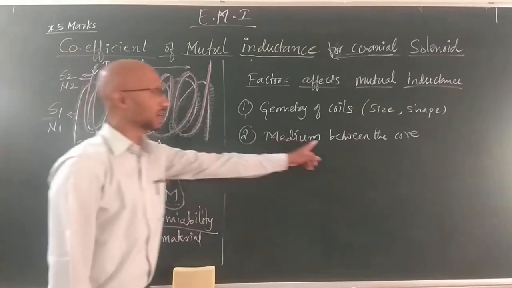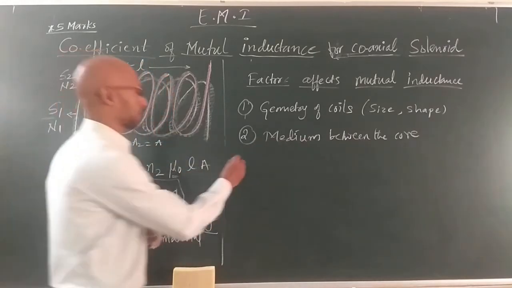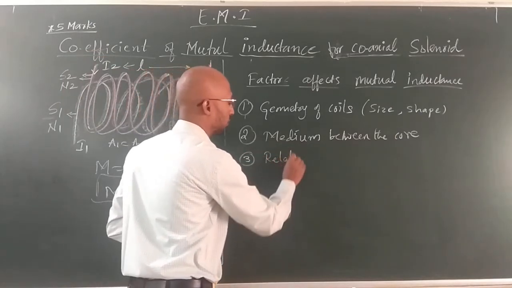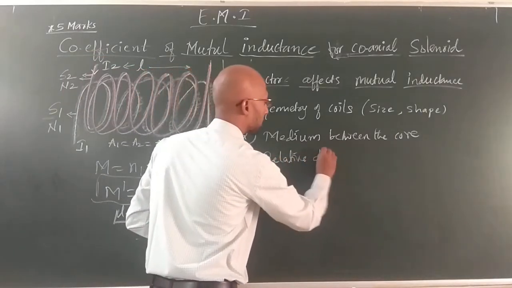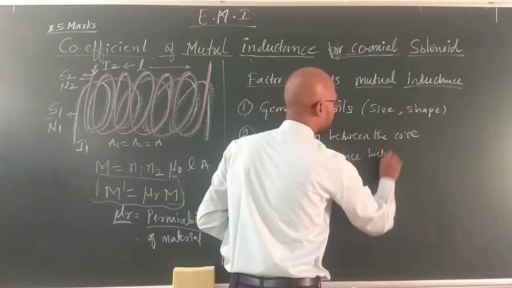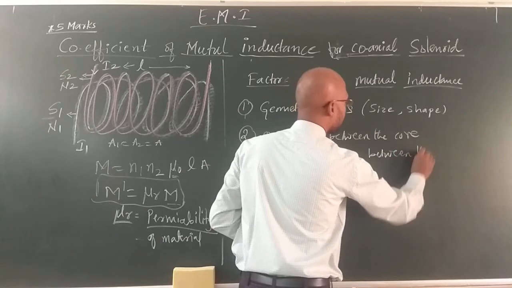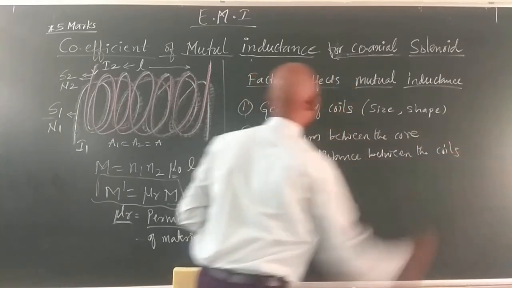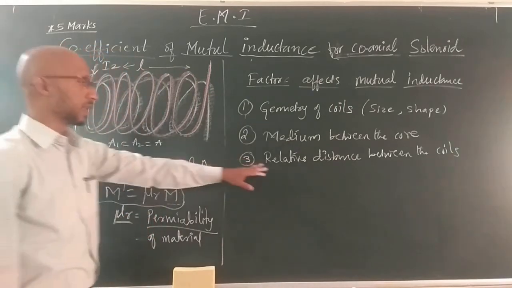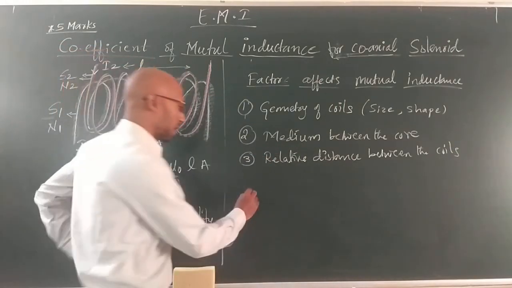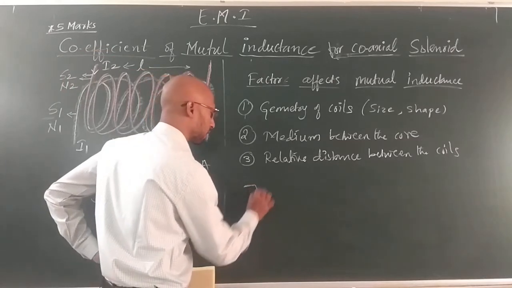That means what medium you wind the coil on. Now, the relative distance between the coils. That's one most important thing. Now here see the relative distance between the coils. Now I have two coils.